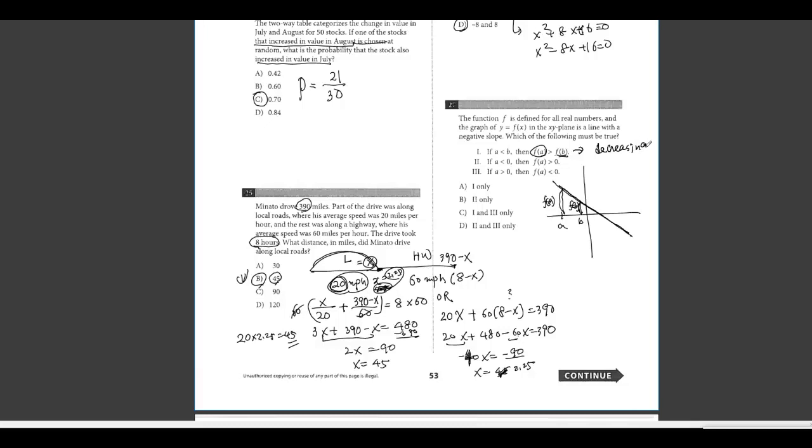Okay. The next one: a is positive, a is negative, f of a is what? Positive. But not always true, right? Sometimes f of a is negative over here. Let me see.